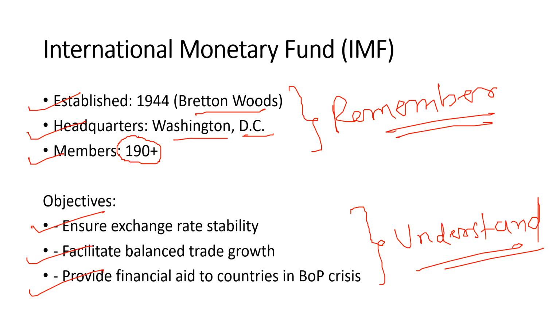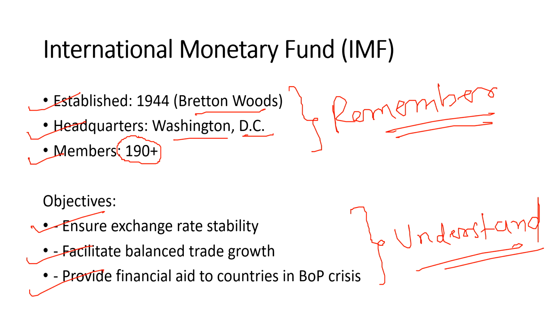So IMF can provide offers to the member countries, which could be short term to medium term. That means IMF is providing short term and medium term loans to the member countries who are in the crisis of balance of payment, correct? So IMF will help those countries to manage the BOP, the deficit of BOP basically, correct?